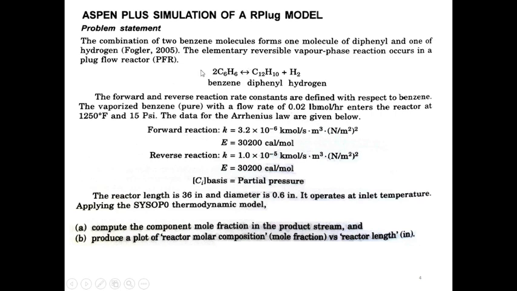Let's say if we select benzene, how the concentration of benzene is changing across the reactor length. This first part A can be done. So try to solve this problem.